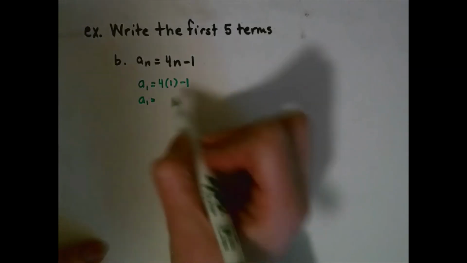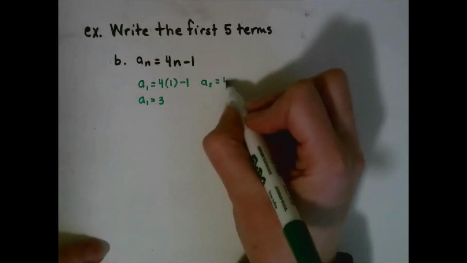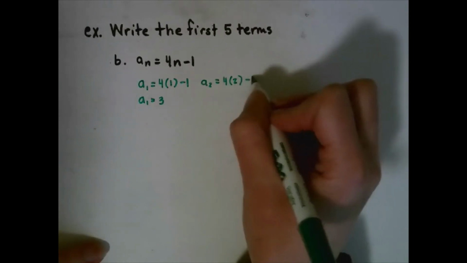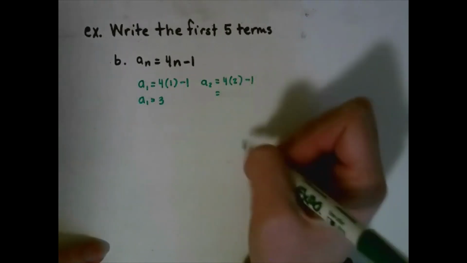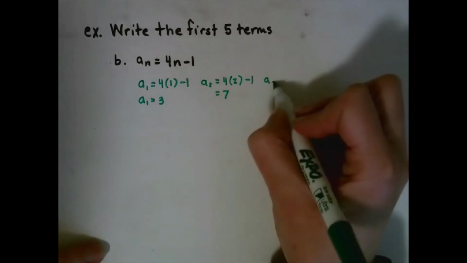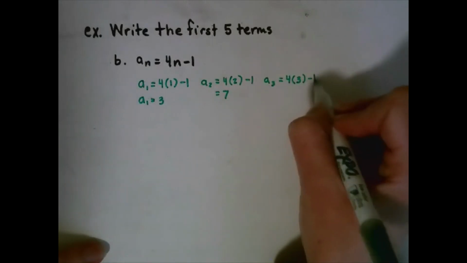So that's going to be 4 times 1 minus 1, which will be 3. A2 will be 4 times 2 minus 1. 8 minus 1 gives me 7. A3 is going to be 4 times 3 minus 1.